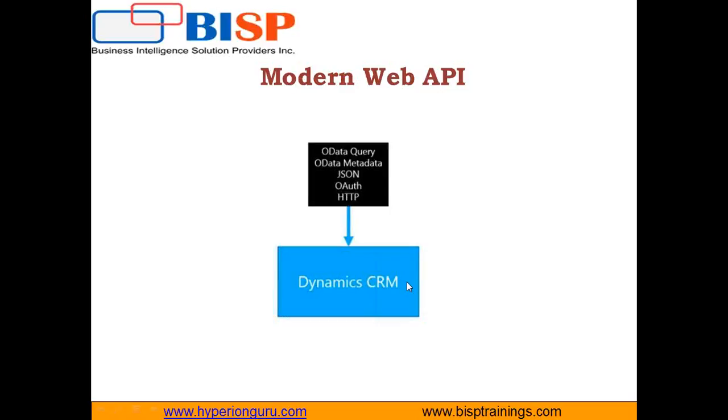Microsoft Dynamics CRM 2016 on premises. It provides a development experience that can be used across a wide variety of programming languages, platforms, and devices. The Web API implements OData, which stands for Open Data Protocol version 4.0, an OASIS standard for building and consuming RESTful APIs over rich data sources.